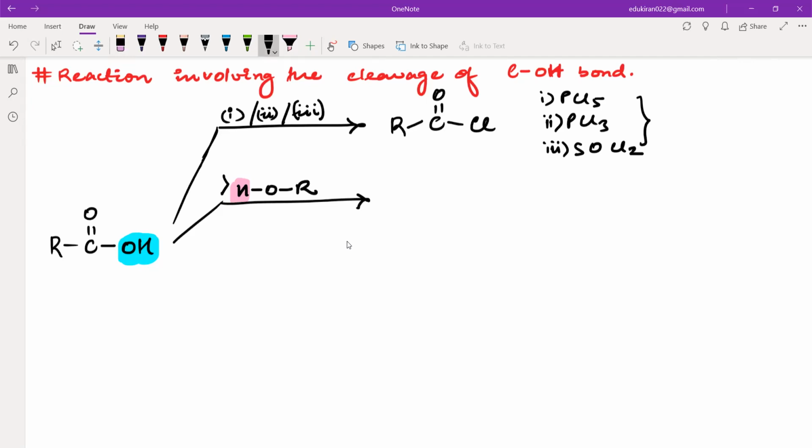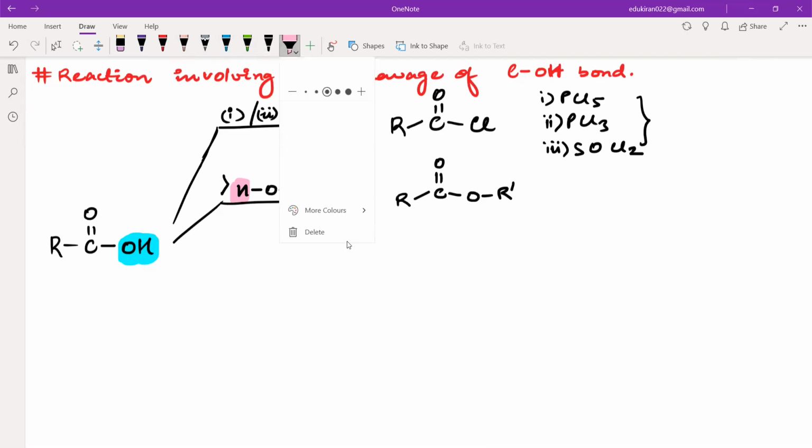Then the carbon and this oxygen will join together, and we will be making R, C double bond O, and this is the O, and then you have R dash. So this OR dash is here.